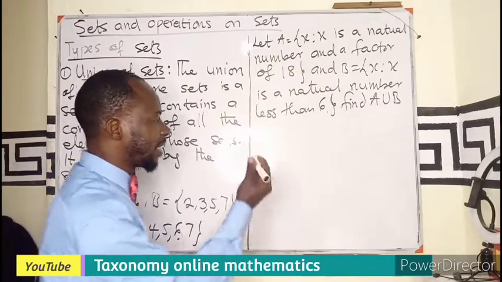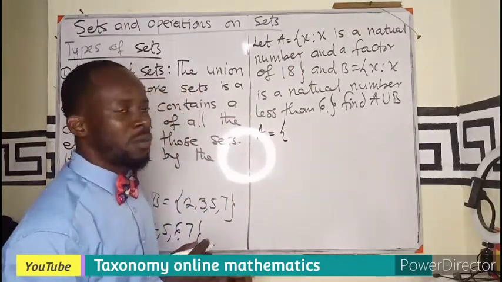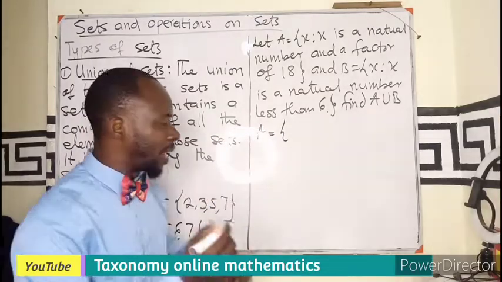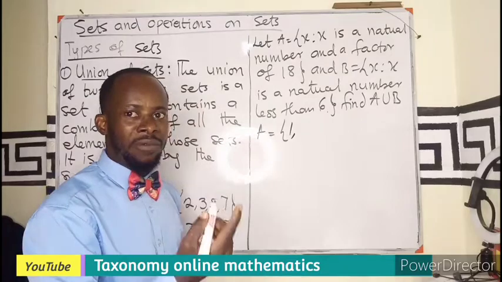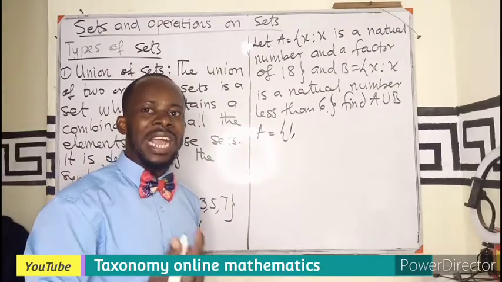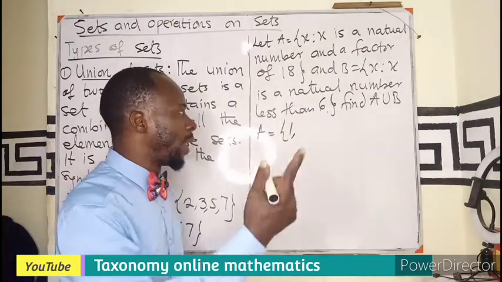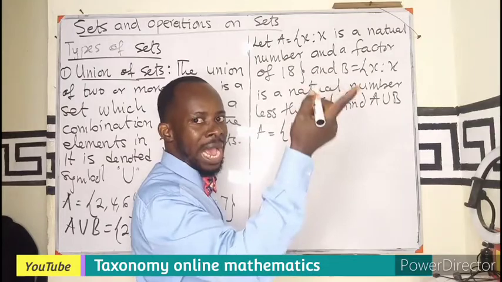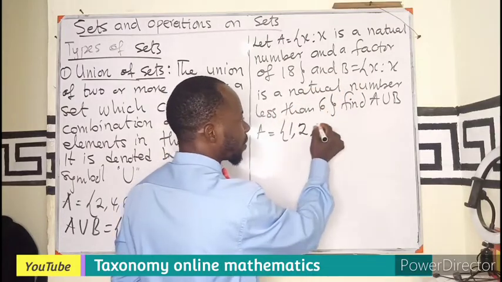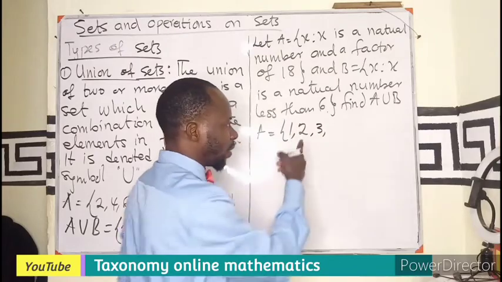Let us list the elements of the set A. We know 1 is a factor of every number, so we begin from 1. After 1, 2 can divide. Factors are numbers that can divide the given number without a remainder. So we are going to have 2. 2 times 9 will give us 18. 3 times 6 will also give us 18.